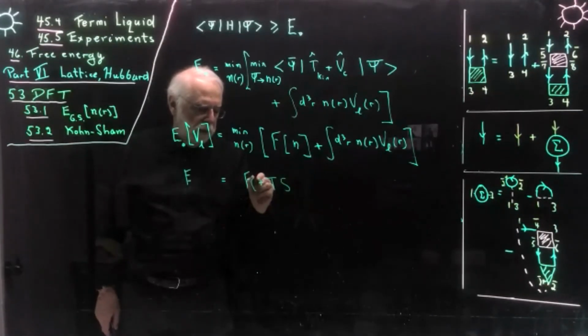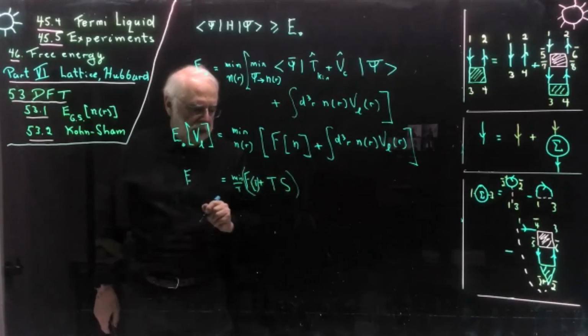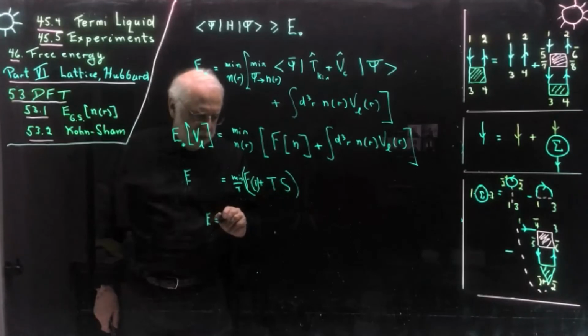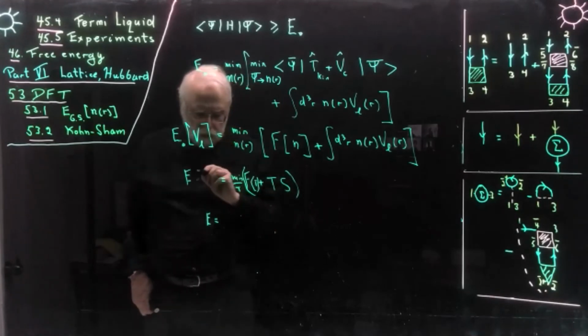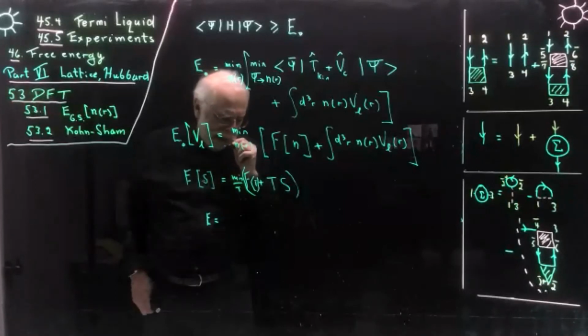So free energy is a function of T, and you minimize this with respect to T. So it will give you the energy, which is a function of entropy.